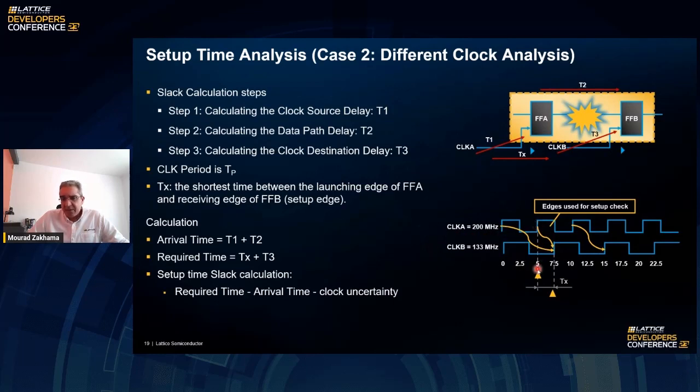That's the case when you have a PLL probably generating these two clocks from one main clock, and there is a relationship between the two. So the tool will look for the worst case scenario and constrain the whole design on this worst case scenario.